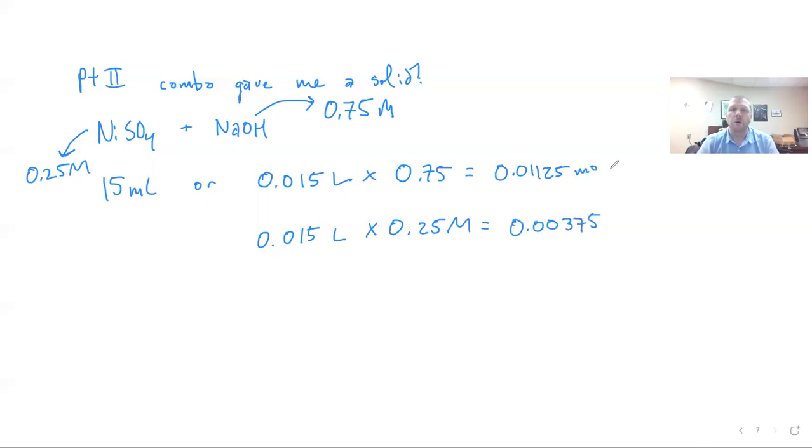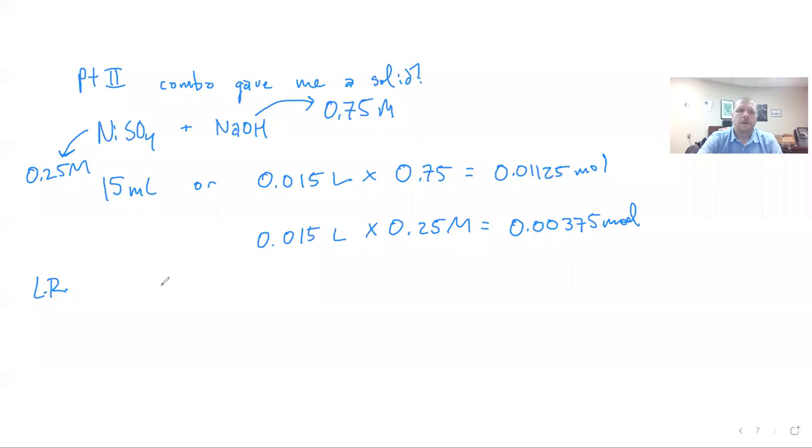This is the number of moles of each of these components. Now, what you need to figure out is something known as the limiting reactant. Based on these two reactants, which one of them is going to limit the amount of the product that's produced?